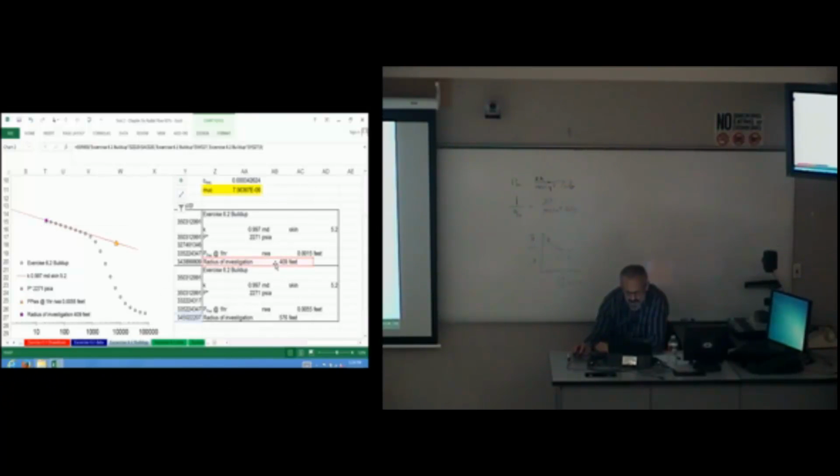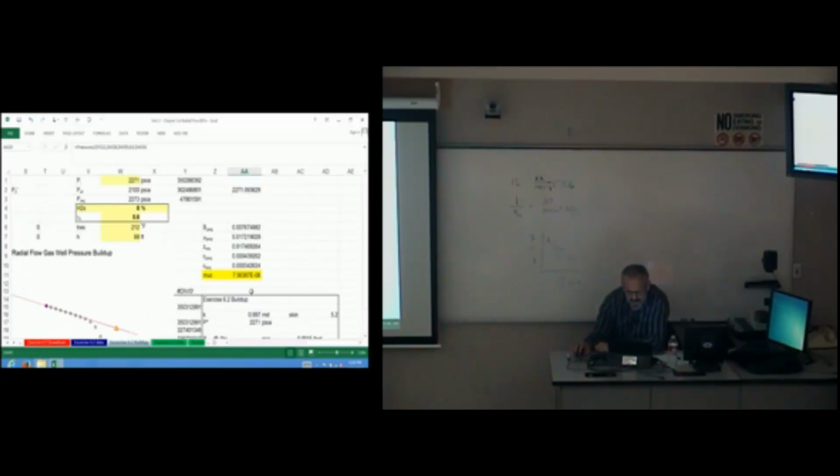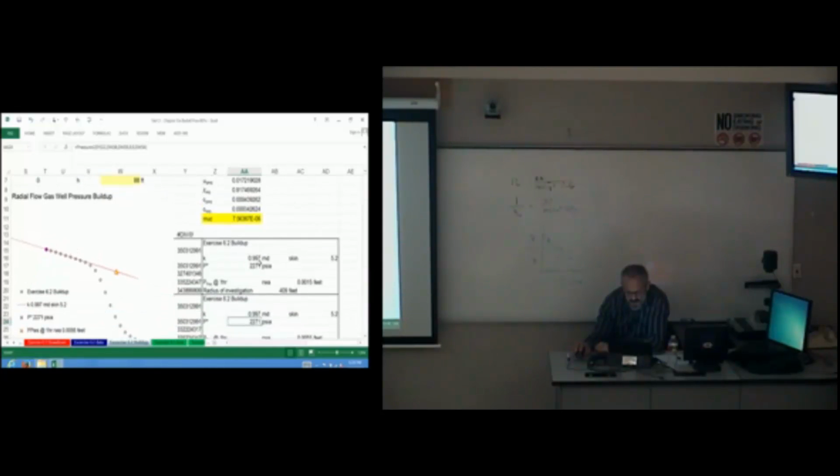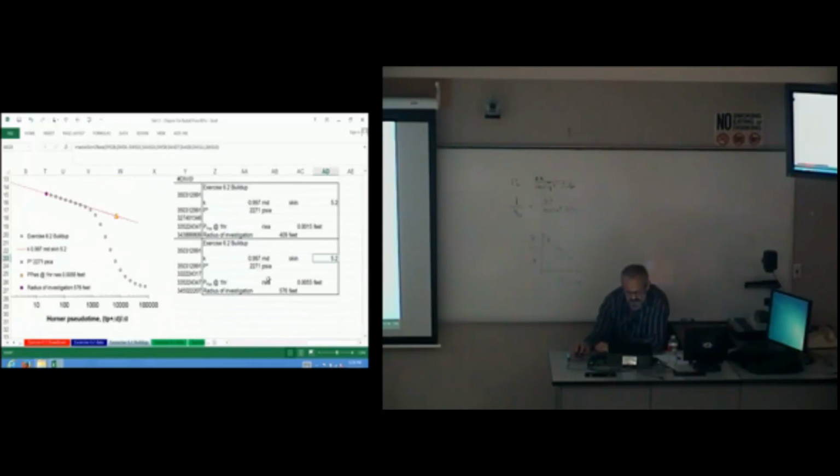Okay, it should be 576 using pseudo time. And I've dropped my perm to 0.997, 2271. Skin is now 5.2.